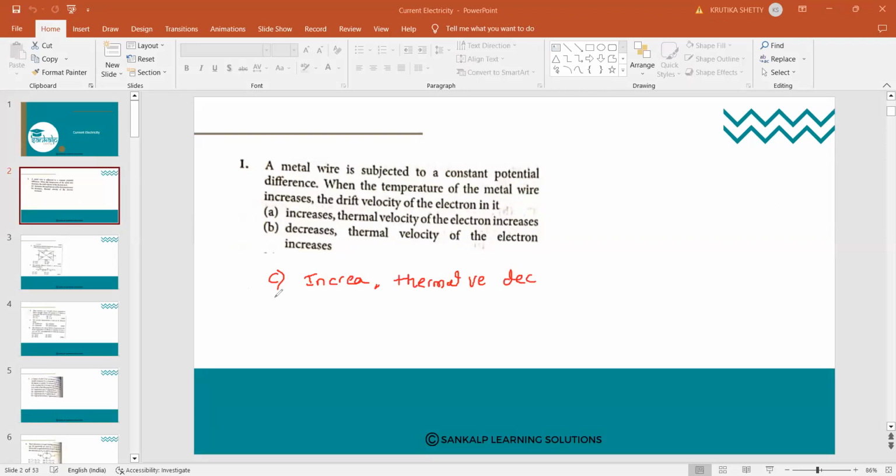Then option D is: drift velocity decreases, then thermal velocity also decreases.